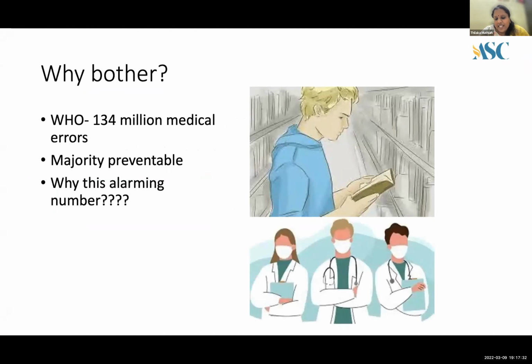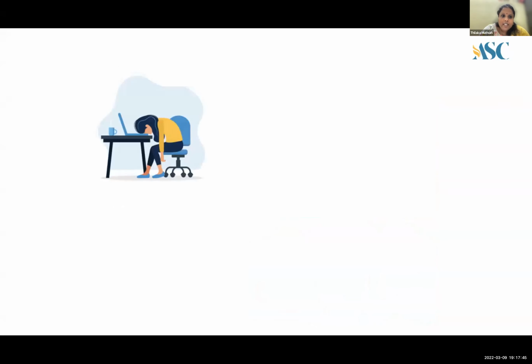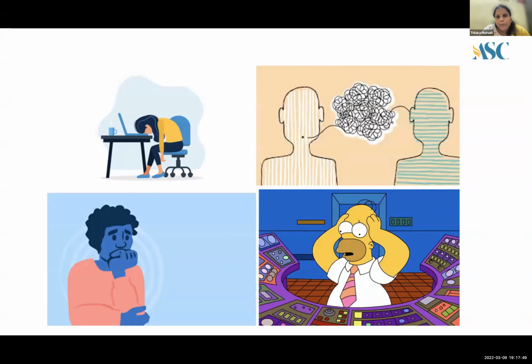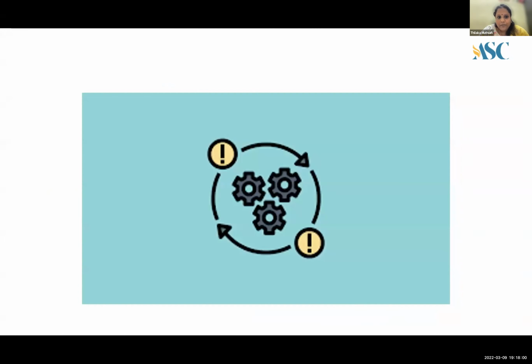All of us are human beings, and human beings are prone to committing errors. It is really important to identify these human factors like exhaustion, forgetfulness, communication problems, anxiety, and stress. Just identifying these as real issues and addressing them can lead to a significant 50% reduction in medical errors.